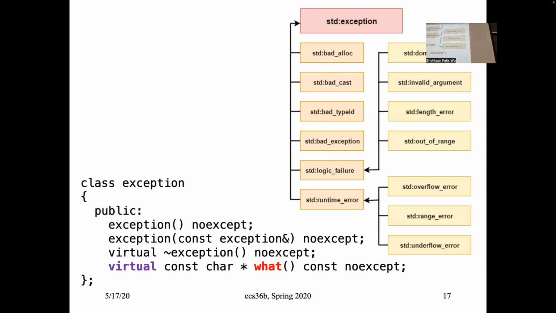If I just say catch exception, then it's very convenient. I can catch anything, and they have different what implementations. It's always polymorphic. As long as I get the exception e, which is polymorphic, and I just call the function, it will print whatever I need to know. So that's the nice thing about using the standard std::exception class.